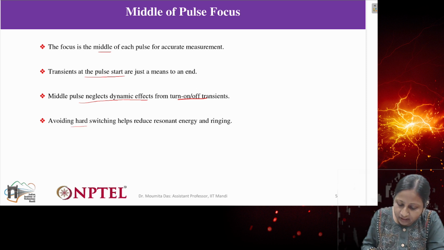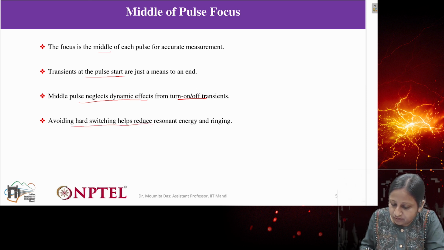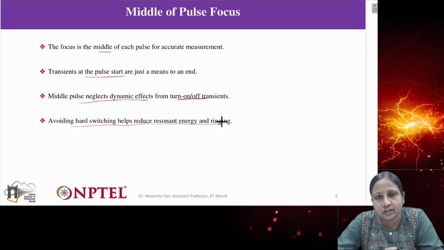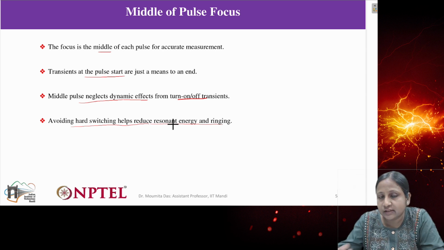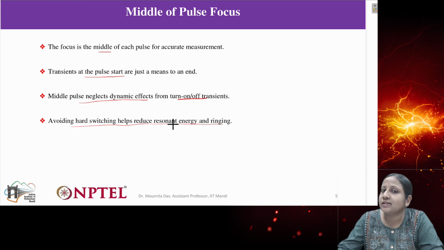Avoiding hard switching helps reduce resonant energy and ringing. If we have hard switching, that will cause some resonating energy or oscillation, and it will take some time to reach the steady state value.